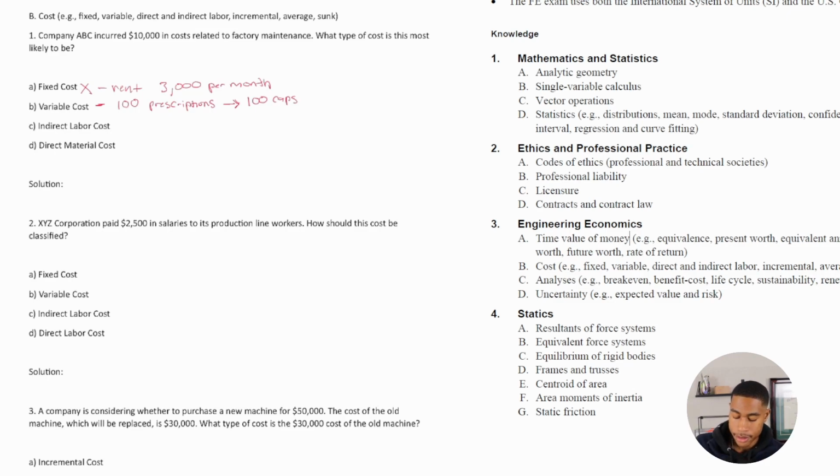But this type of cost is variable because in the event that the next month you have 3,000 prescriptions, you need to have 3,000 caps. So variable costs deal more with products than anything. I would say that for this variable cost, this is not really a product.